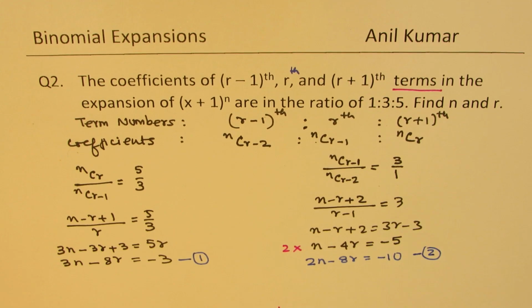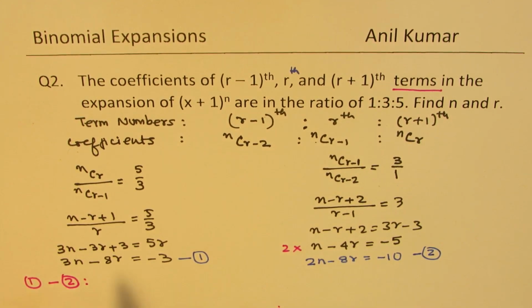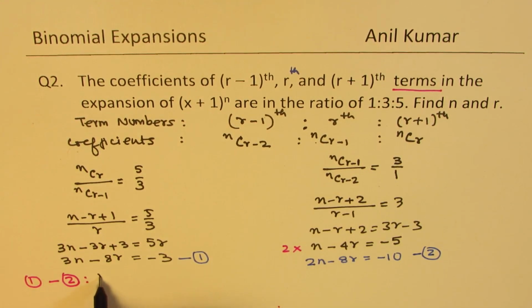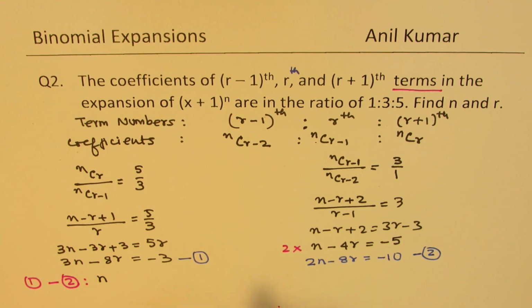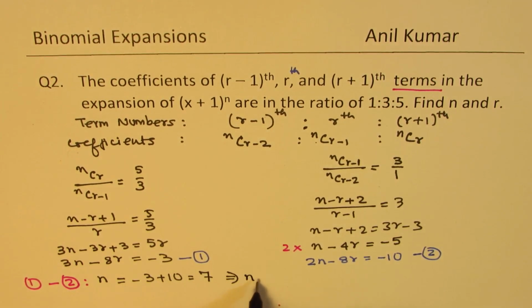So we will now do equation 1 take away equation 2. So if you do that, 3n minus 2n is n, right? Minus 8r is 0, minus 3 plus 10, right? Which is 7. So that gives you the value of n as equal to 7, right?